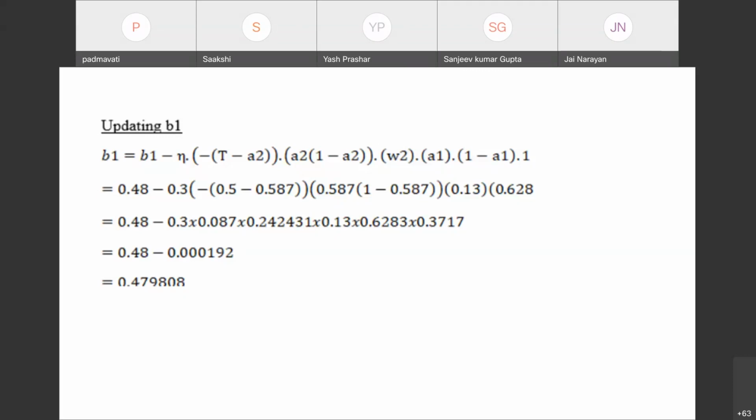And when we do the implementation part, there is no need to use these back propagation formulas as such, because we have frameworks such as Keras. With the help of Keras, there is inbuilt backpropagation which will happen automatically.